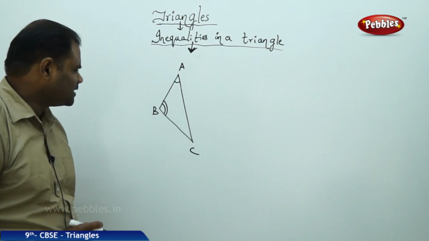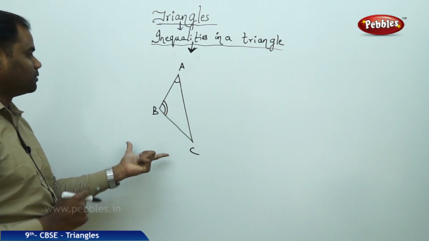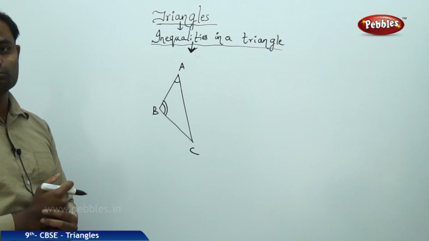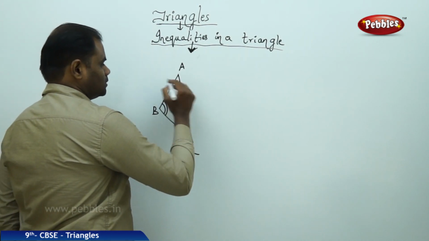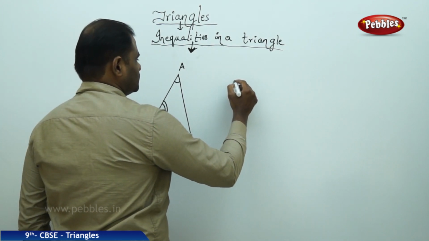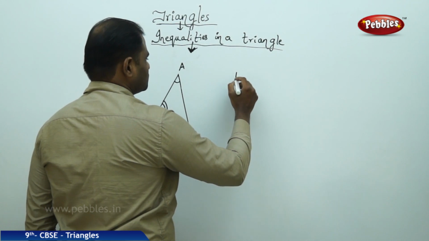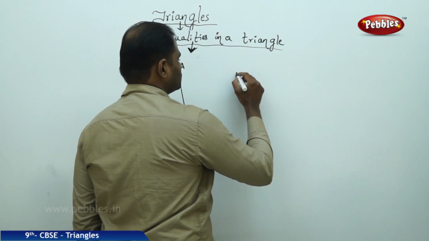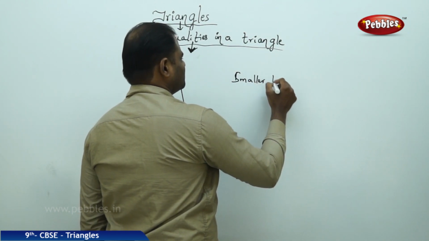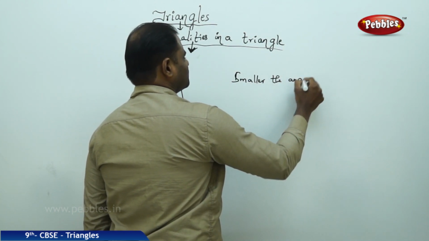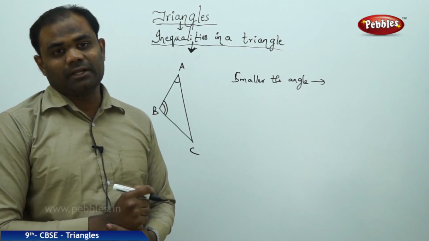Now clearly I can see that angle A is smaller than angle B, which is obtuse, and thus being acute. Therefore, the property here says that smaller the angle, smaller is the length of its side.